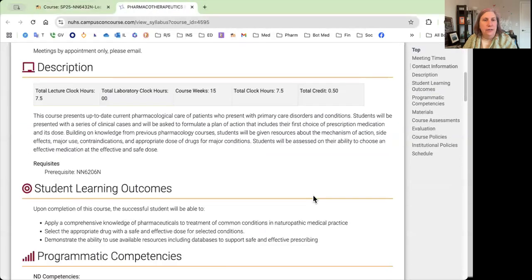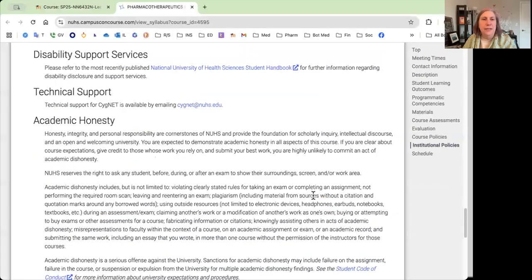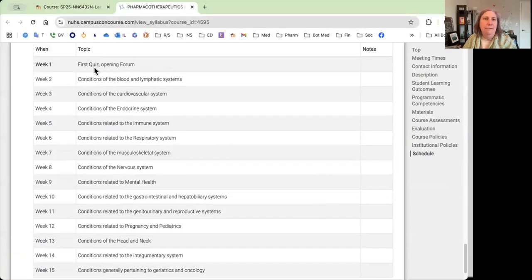So here is our syllabus. Our syllabus basically follows the same topics that are listed on the NPLEX blueprint. And I think that's very effective, but what that also means is you're learning drugs by silo. You're not learning them in really good case-based information.